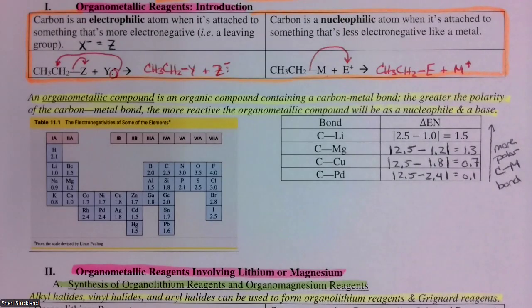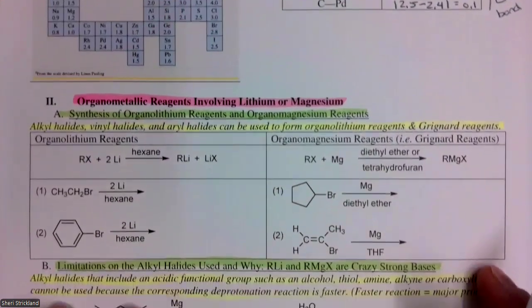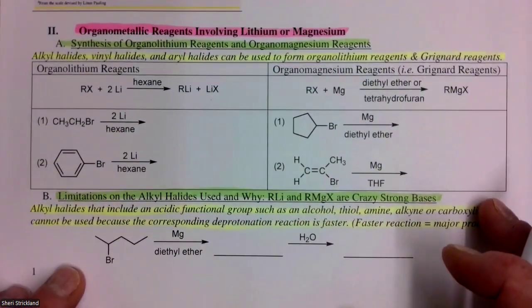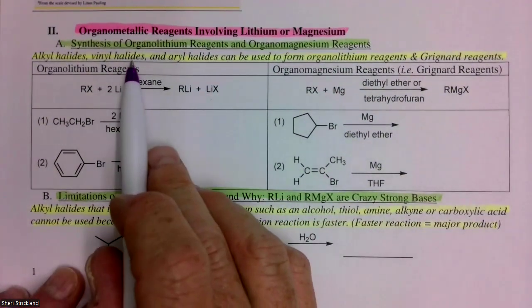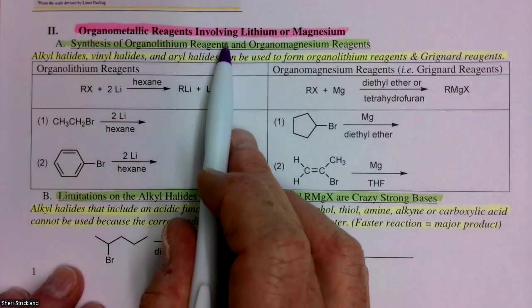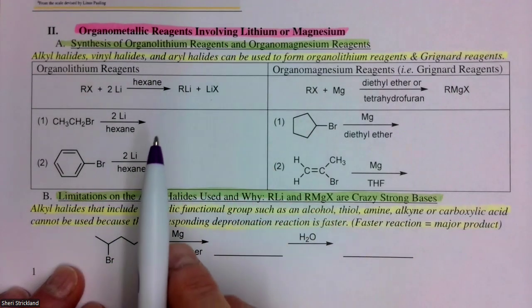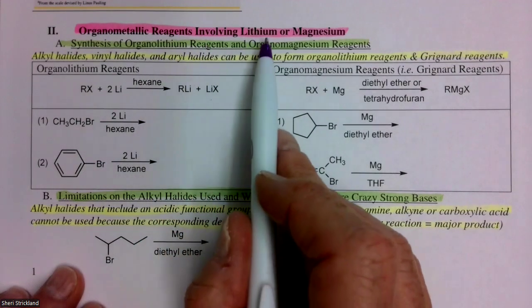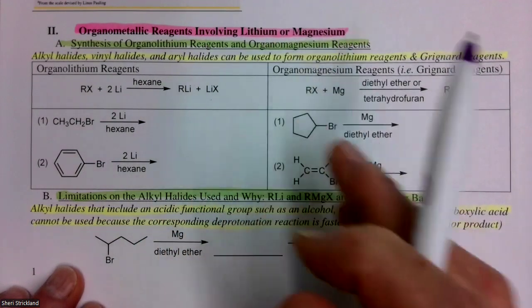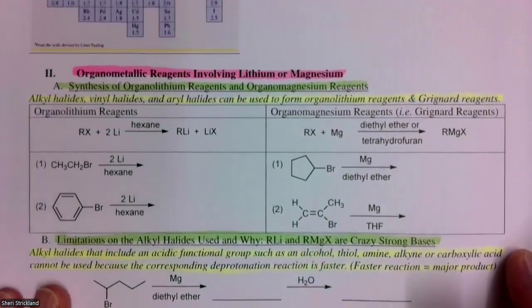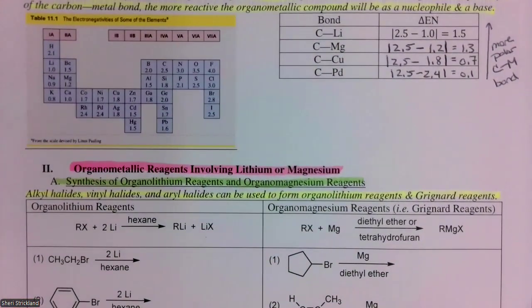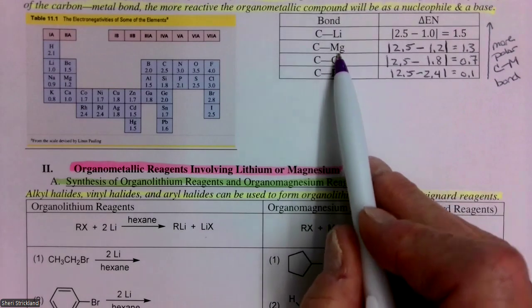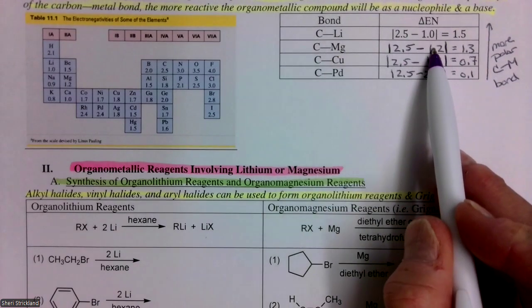All right, so come on down here. So first we're going to talk about organometallic reagents, and then we'll talk about organometallic catalysts. And these reagents involve lithium or magnesium as the metal. And if you go back up here, you can see that these are the two metals that are involved in the most polar bonds.